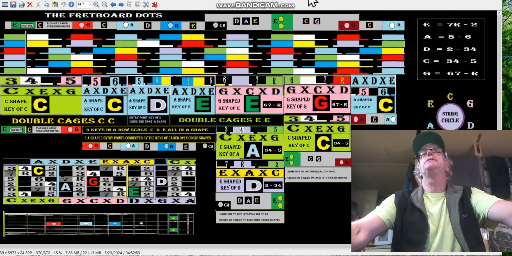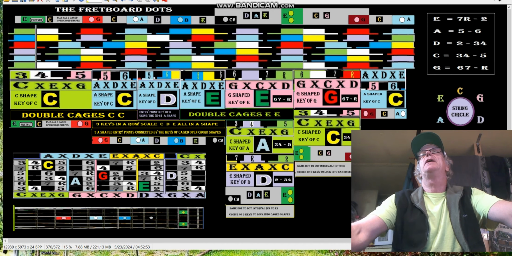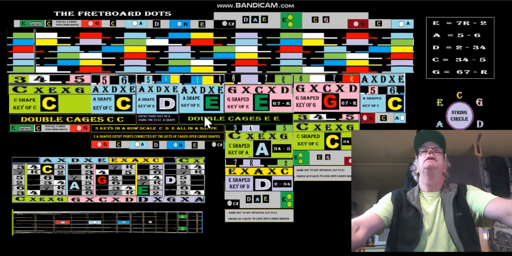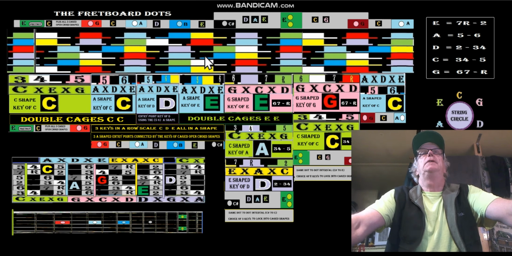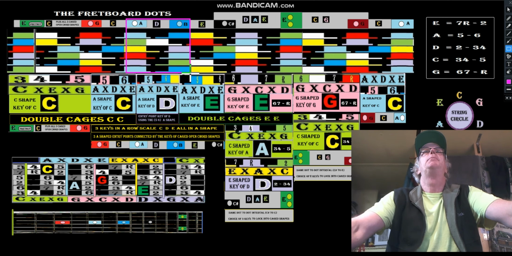What it really means is CAGED shapes that are keyed entry points, that once you decide you're going to be in the key of D in this area here, let's say right here with this 5 and 6 dot on the fretboard.